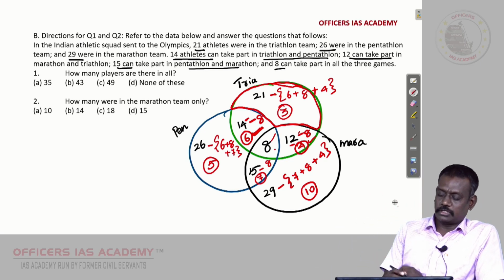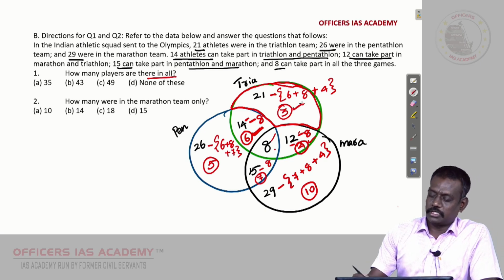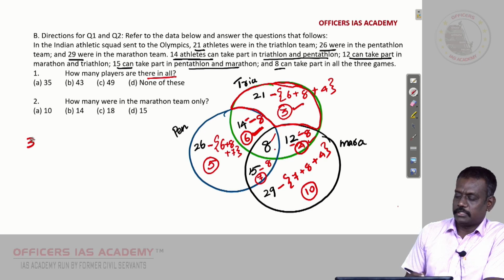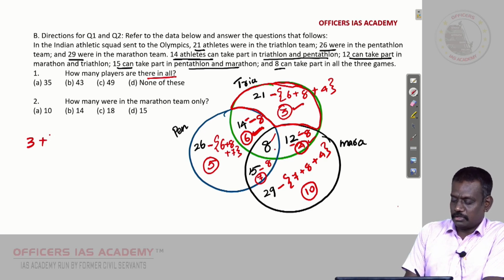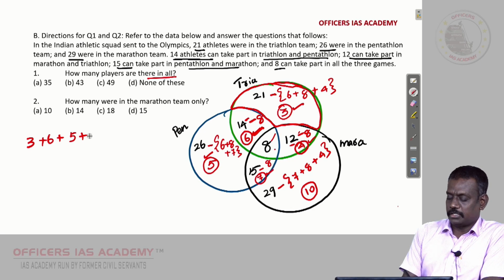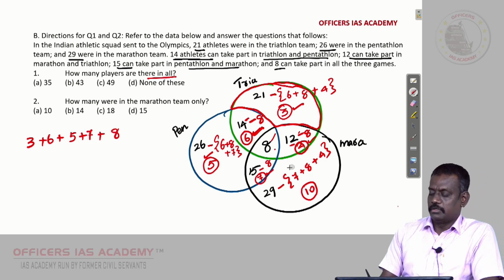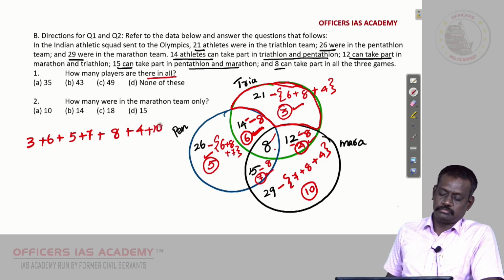So how many players are there in all? So you have to count one by one. So here there are 3 players in the triathlon team, 6 players in triathlon and pentathlon, plus 5 players in pentathlon, plus 7 players in pentathlon and marathon, plus 8 players in all the 3, plus 4 players in triathlon and marathon, plus 10 players in marathon.